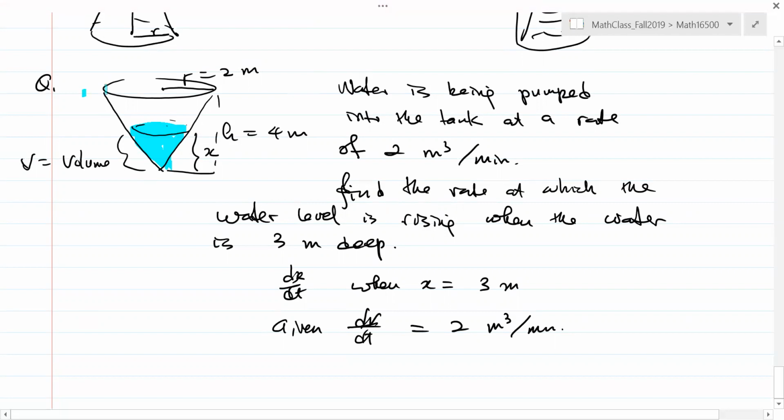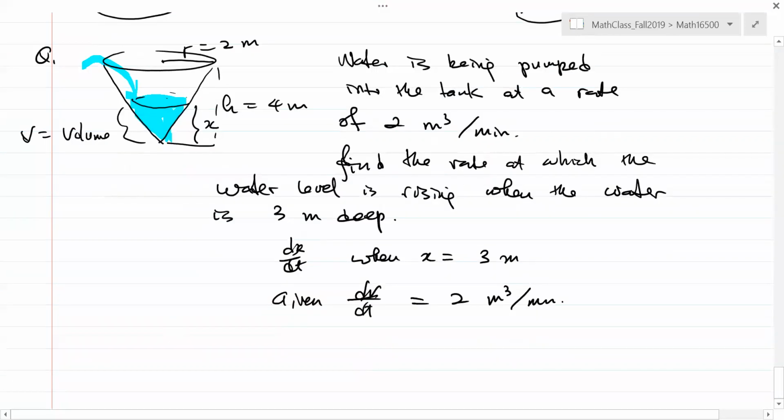So the water is increasing, the volume is changing, right? In order to find the volume, I need to do something here. This is a radius, right? How do I calculate the volume? The volume is going to be 1/3 pi r squared x.